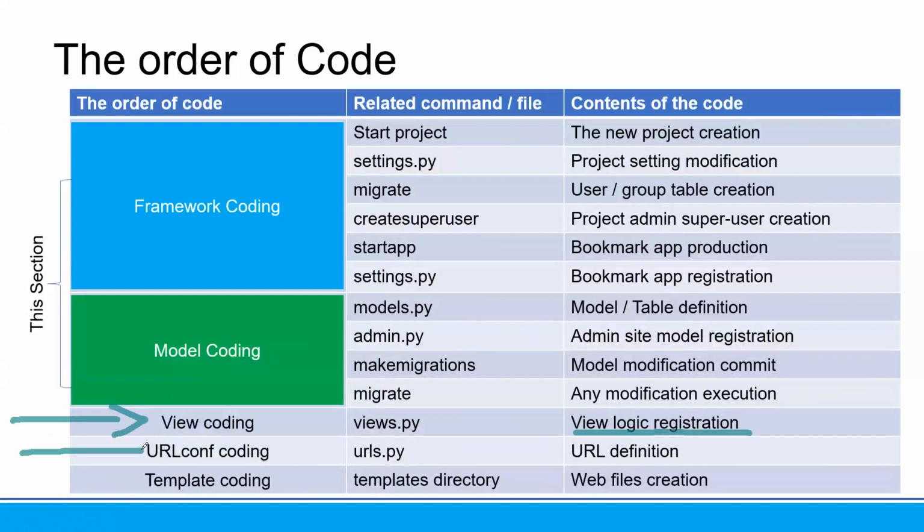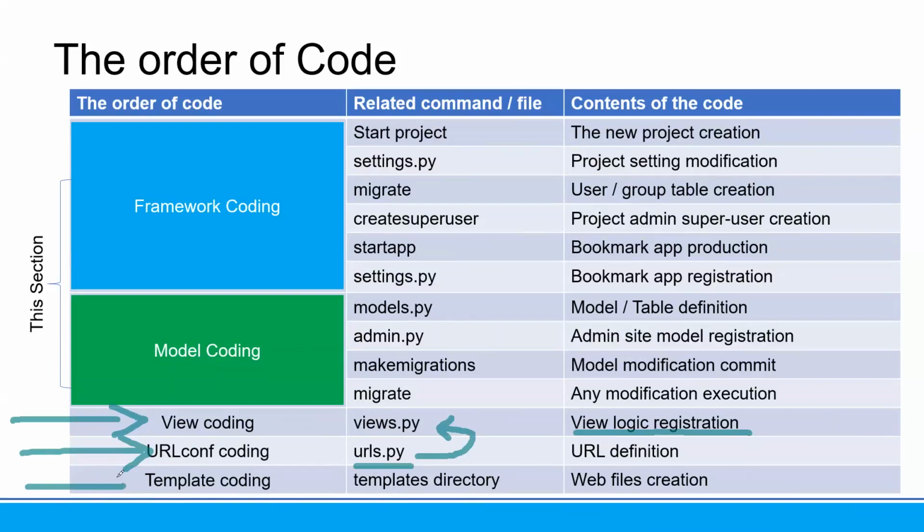And then you learn the URL font, or this is the unified resource location. It will define where is the link and how you will do the link in the Django. It means it will go to any function in the views.py.